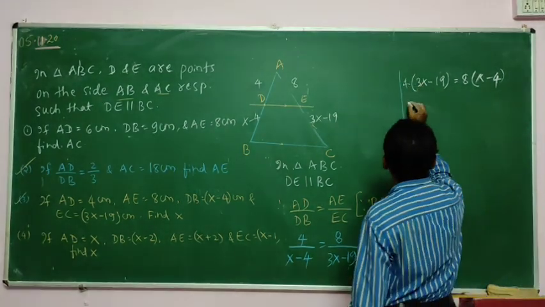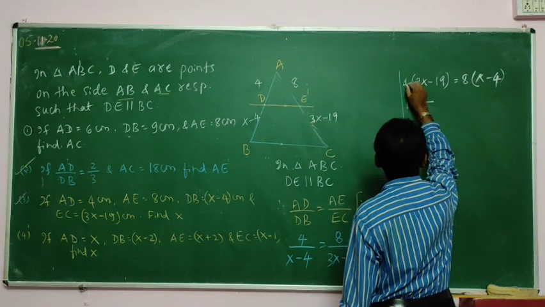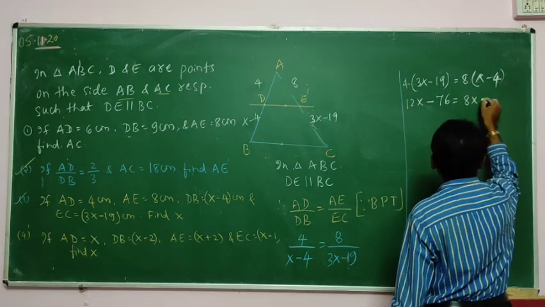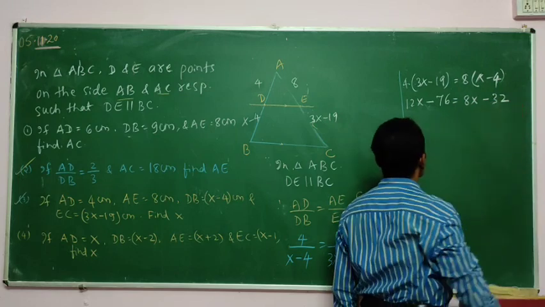Okay. 12x minus 76 is equal to 8x minus 32.